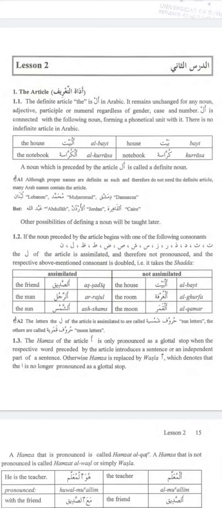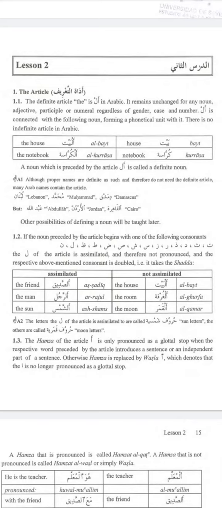It's mainly on ismun. Also, whenever you see a word that starts with alif and lam, it's an indication of the fact that the word is ism, and it also indicates that that ism is a definite article.